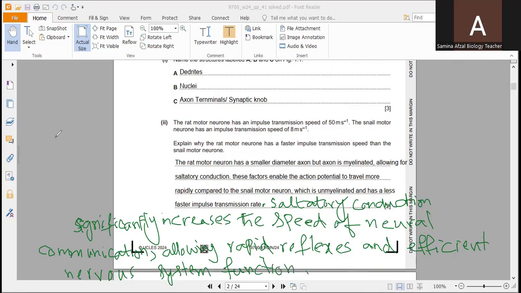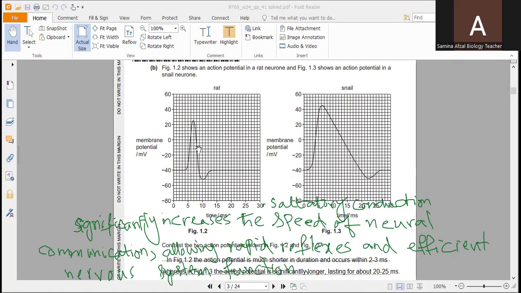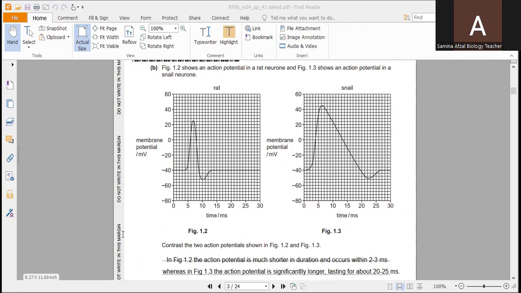So after this explanation, we are moving towards the next question. The next question is about figure 1.2, which shows an action potential in a rat neuron, and figure 1.3, which shows an action potential in a snail neuron.